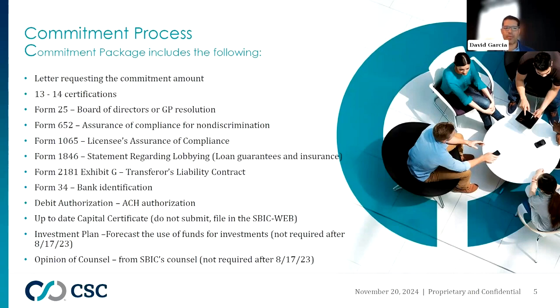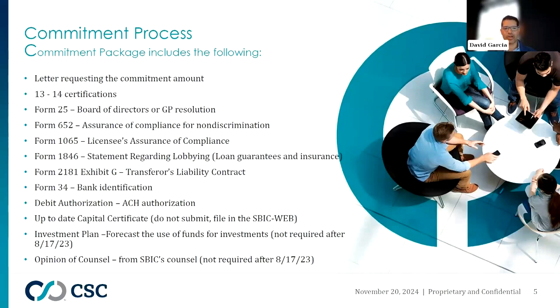In addition to that, you have to provide debit authorization and bank identification. For the bank identification, what this allows them to have is the bank information when you're ready to draw down on the debentures, the proceeds of those debentures come into the bank account. When you have to pay interest, which is semi-annually, they could do an ACH off your bank account.